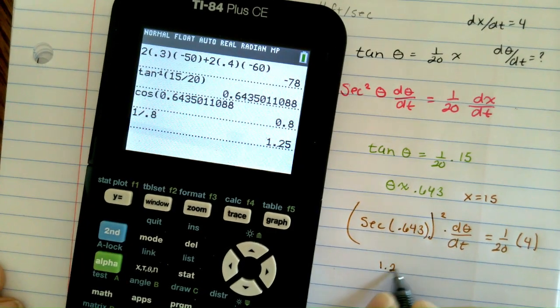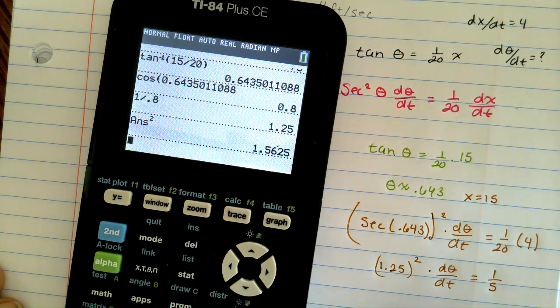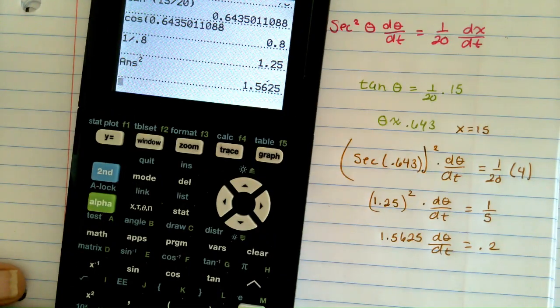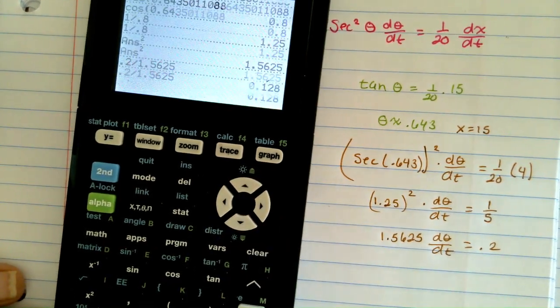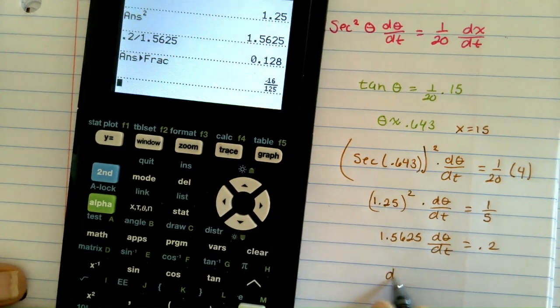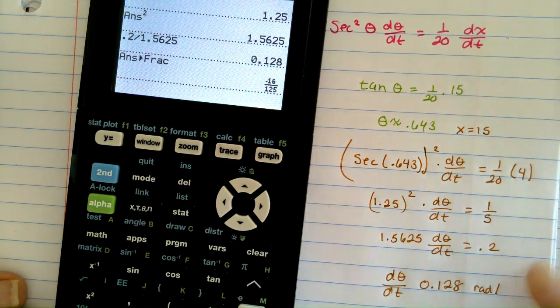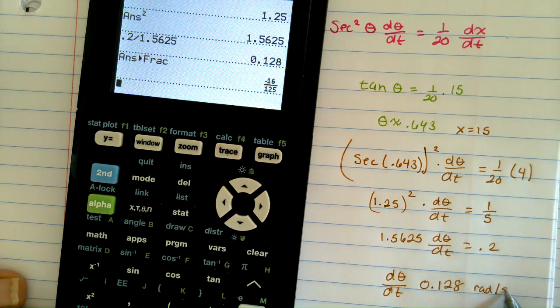So we need 1.25 squared. It would be 4/20ths, which would be 1/5. So 1.5625 d theta dt equals 1/5, which is 0.2. 0.2 divided by that. So the rate that we're returning is about 0.128 radians per, what were you in? Feet per what? Second. So radians per second.